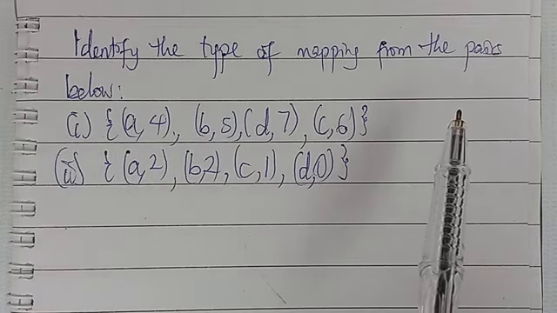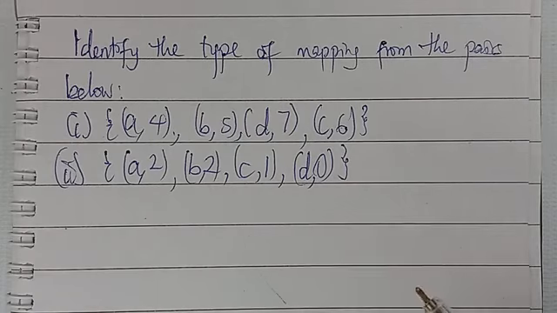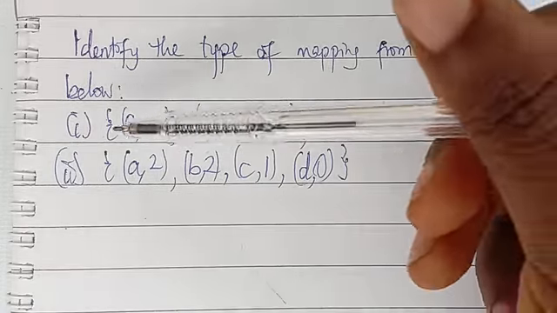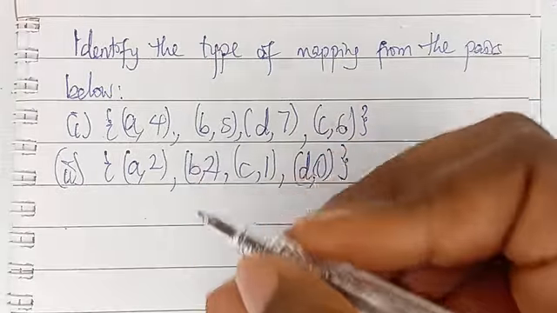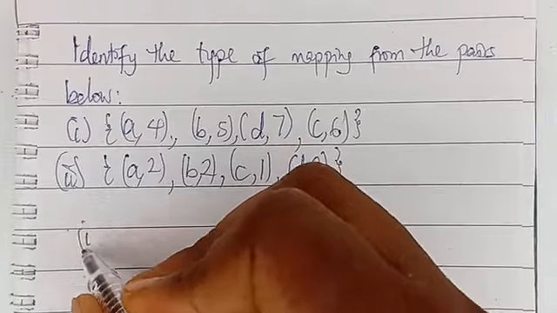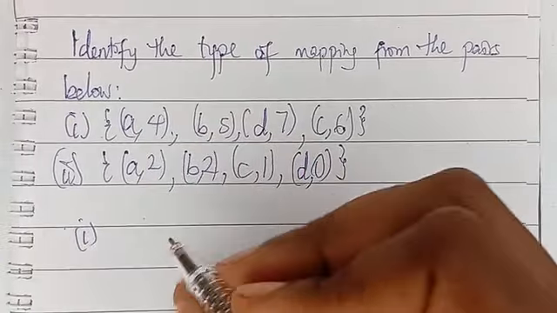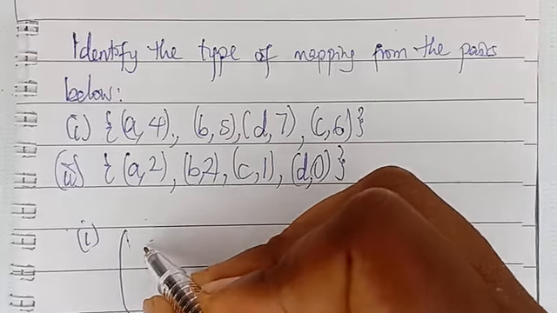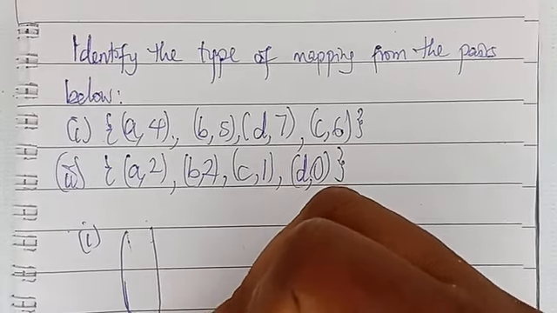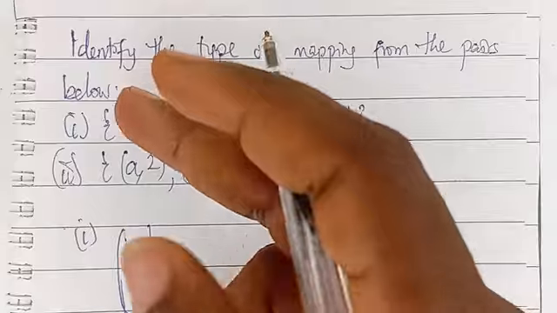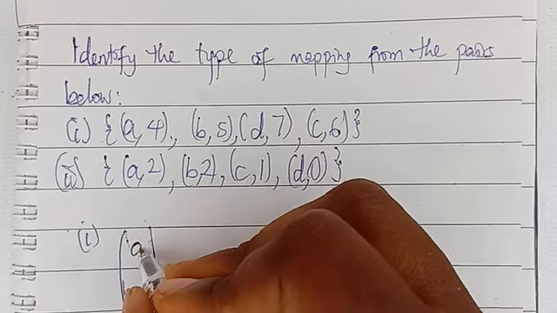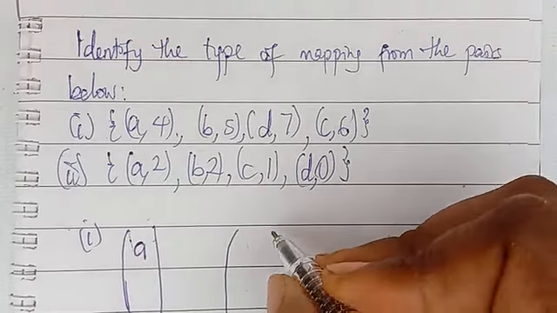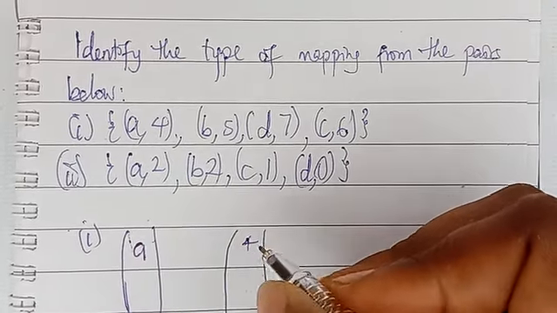Identify the type of mapping from the pairs below. So we can't really see the type of mapping, it's difficult to see. All we have to do is draw an arrow diagram for each one of them. So for the first part, the first member of these pairs are in the domain, and the second member are in the codomain.